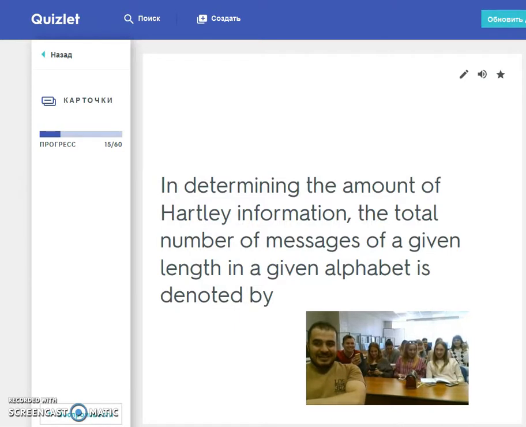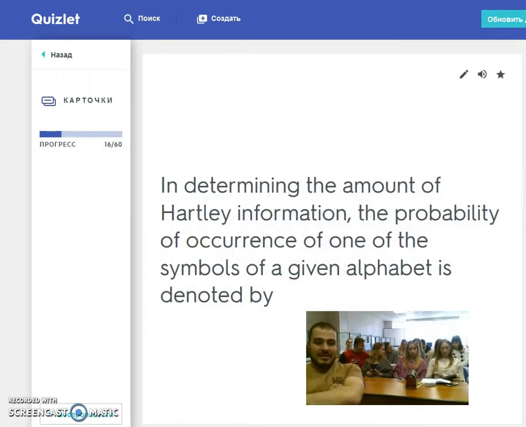The total number of messages of a given length in a given alphabet is denoted by. The probability of occurrence of one of the symbols of a given alphabet is denoted by.